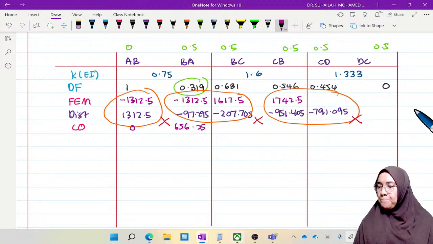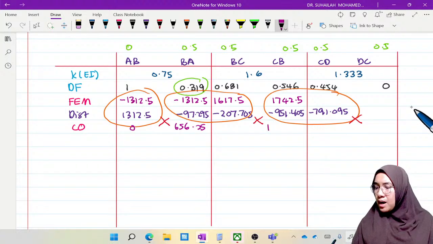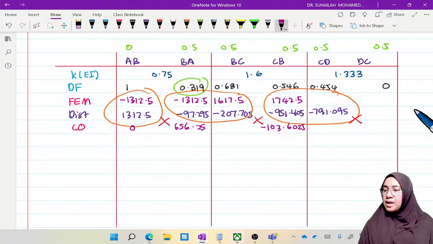And then 207.205 divided by 2, so we get negative 103.6025. Then 951.405 divided by 2, so we get negative 4, not 9.